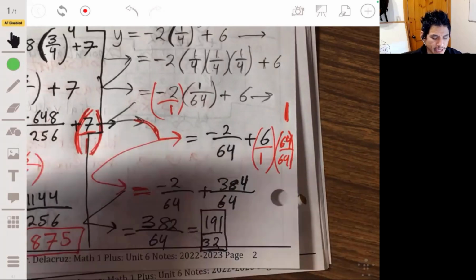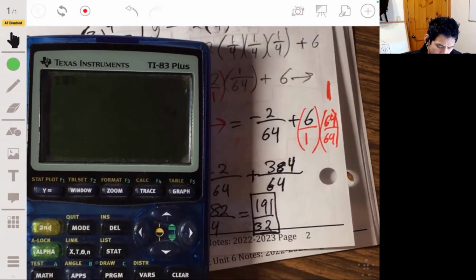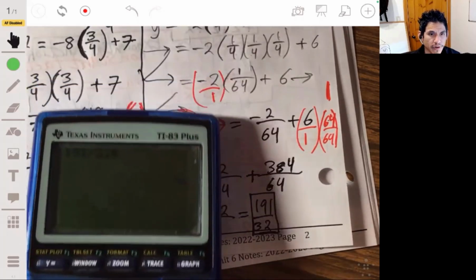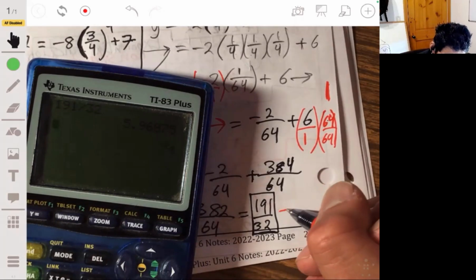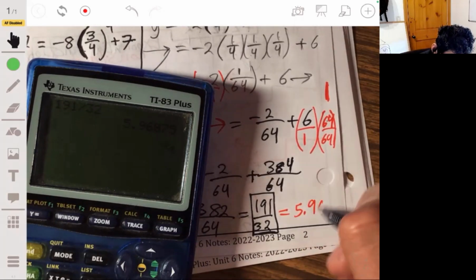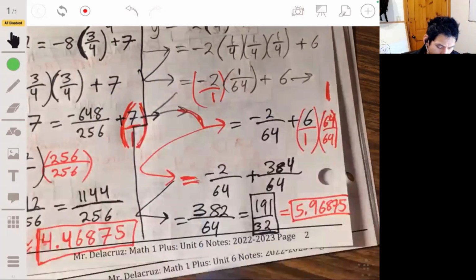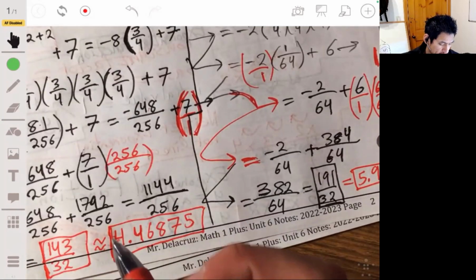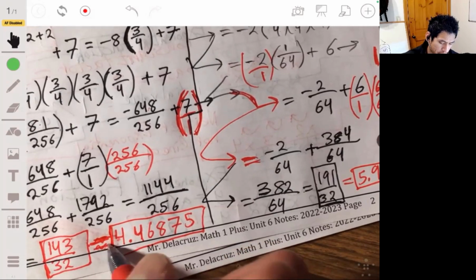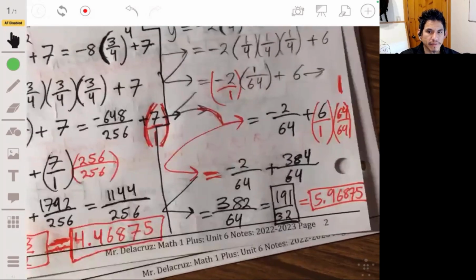Again, this is our final answer. If you want to then convert it to a decimal here, that's fine, but just don't do it before. And we get the decimal 5.96875. And this one, I actually don't need to put approximately because this is exact. It's not being rounded.